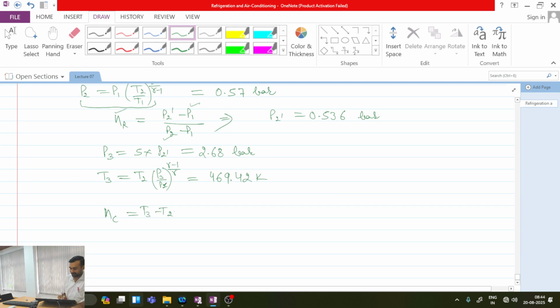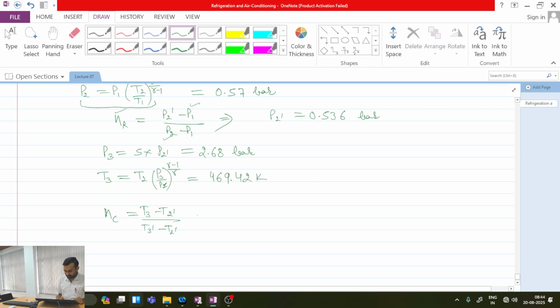T3 minus T2 dash divided by T3 dash minus T2 dash. In a compressor, actual work is more, ideal work is less. So 2 dash to 3 is the ideal work and 2 dash to 3 dash is the actual. Clear?